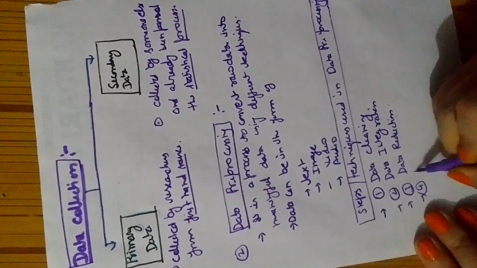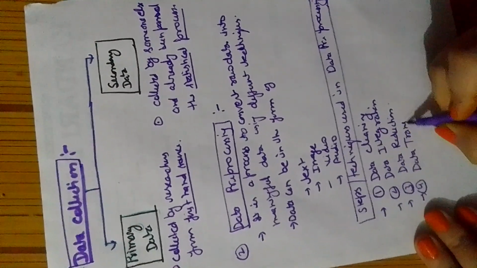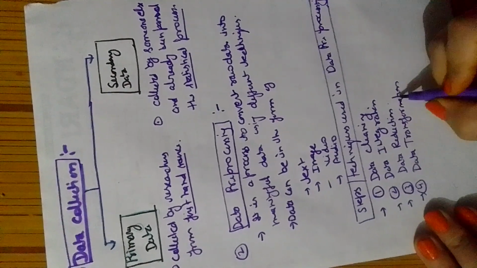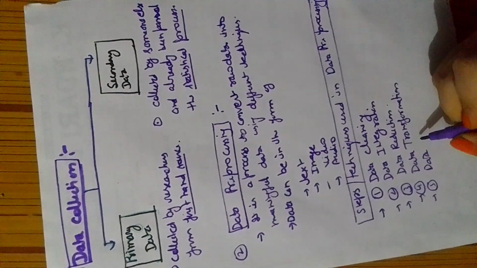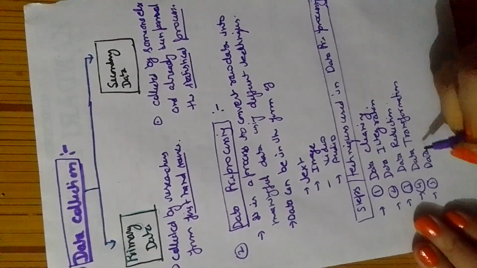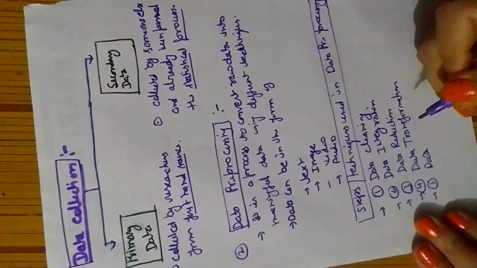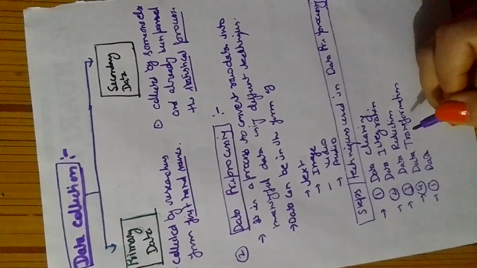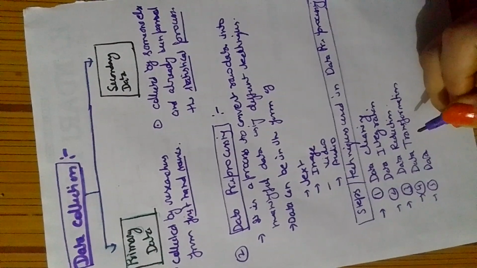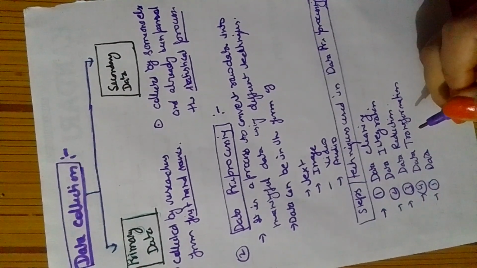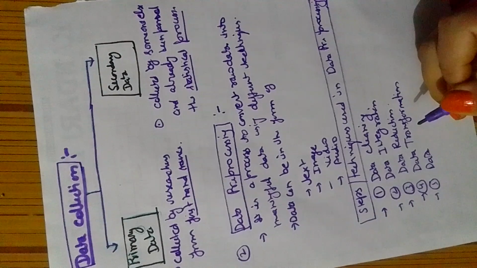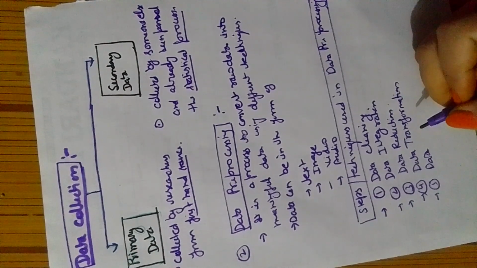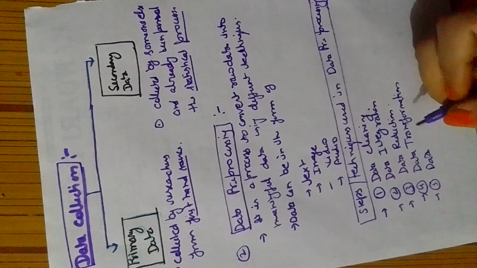Number four, data transformation. Number five, I don't remember what five was. I think it was data discretization. Yes, it was data discretization.